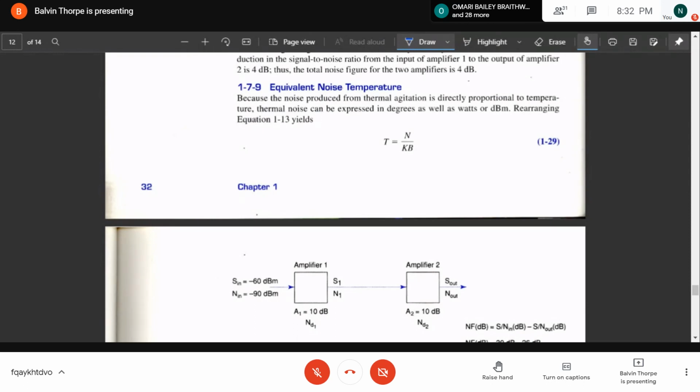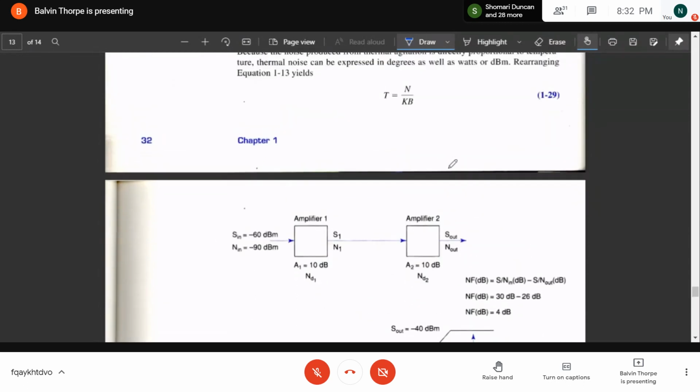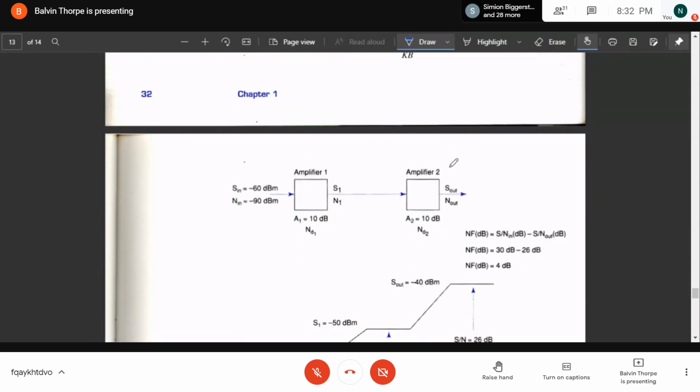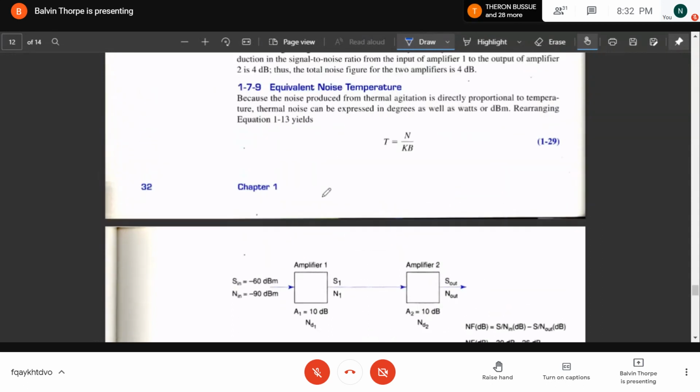So from that formula, we can determine what T is. All right. Look at the reading and observe this. One quick second, ladies and gentlemen.